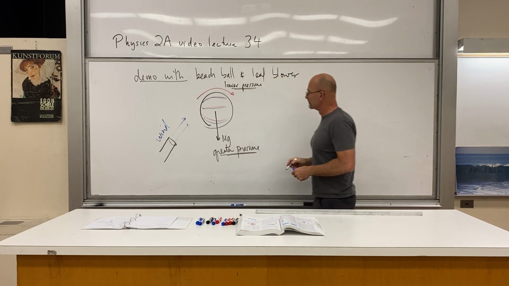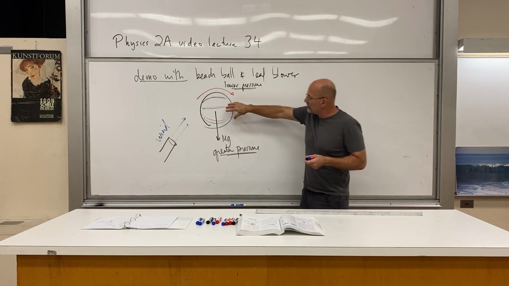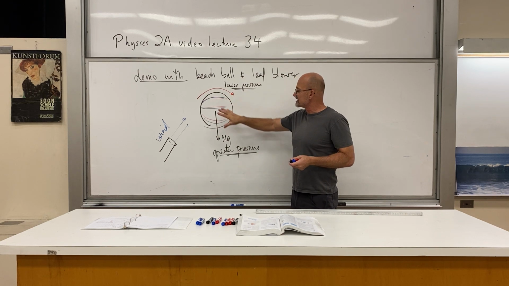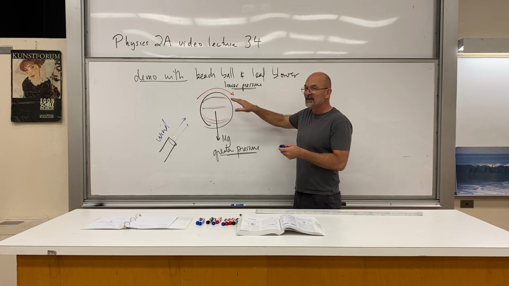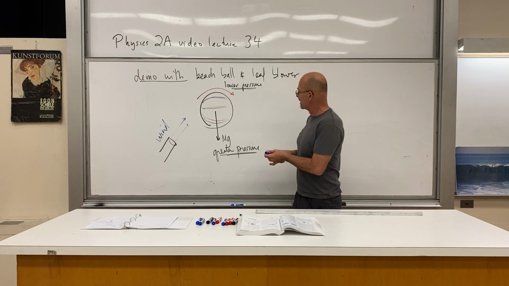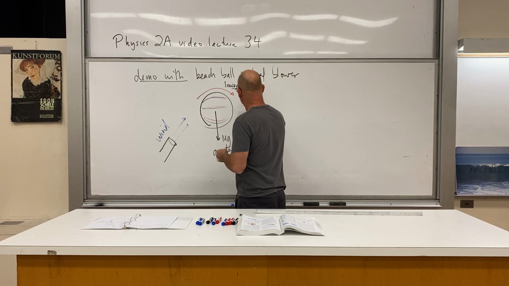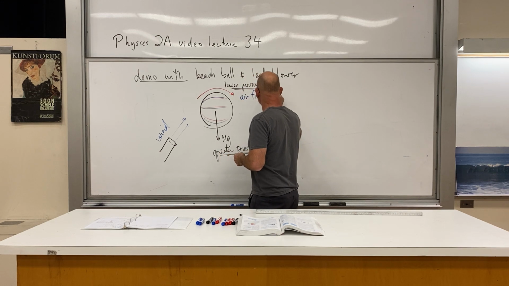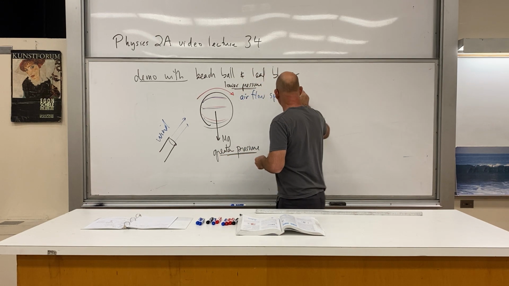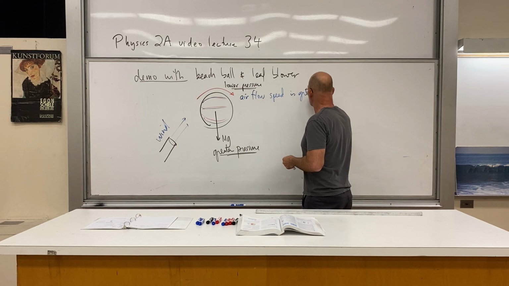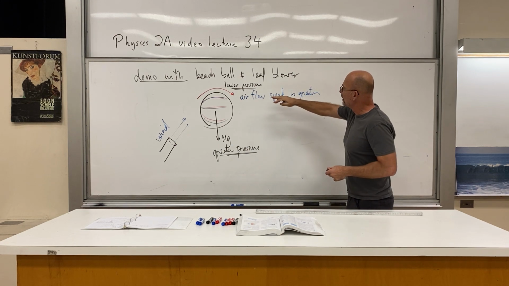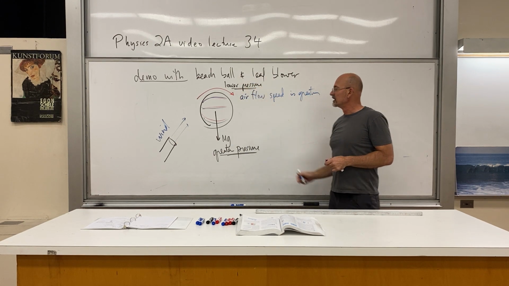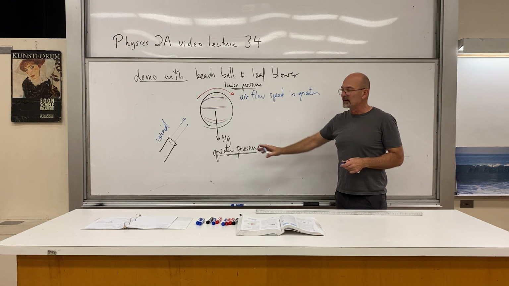up here. On the other hand, the direction of rotation tells us that the air speed is greater on top. So the airflow speed is greater where the pressure is lower, okay, and vice versa.